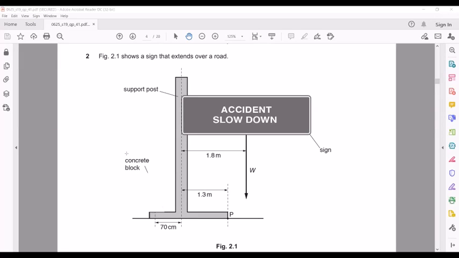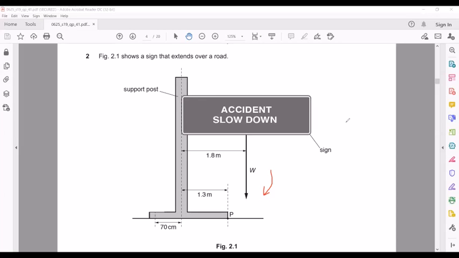As this block is removed, you can clearly see the weight will cause a clockwise moment. Then the question is what happens to the clockwise moment as it is rotating. So the clockwise moment continues to increase.